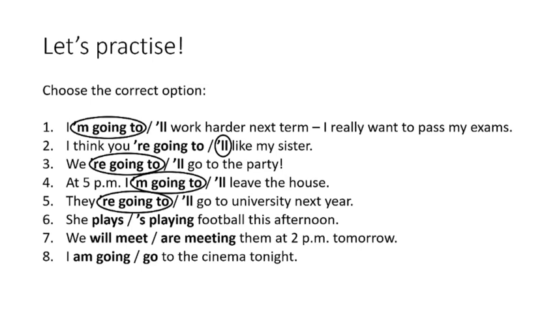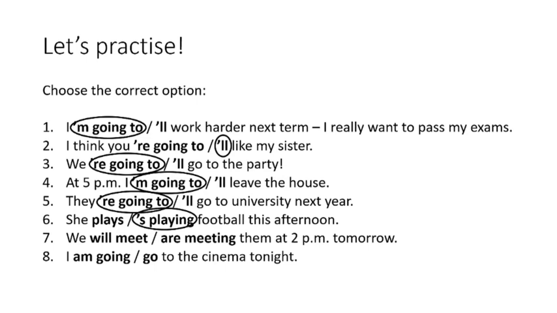Number 6. She plays or she's playing football this afternoon. That's right. This is an arrangement probably, right? So we need the present continuous. She is playing football this afternoon. Number 7. We will meet or we are meeting them at 2 p.m. tomorrow. That's right.